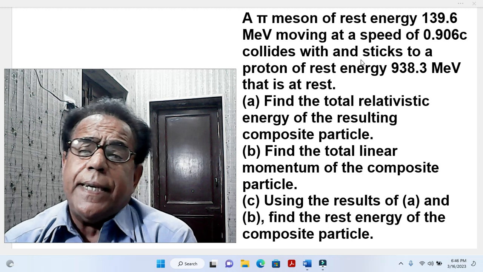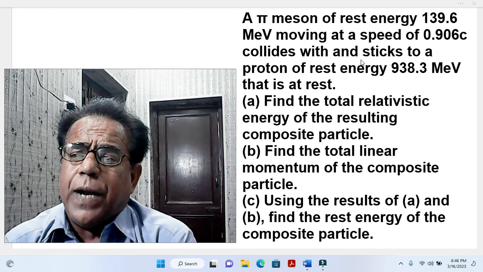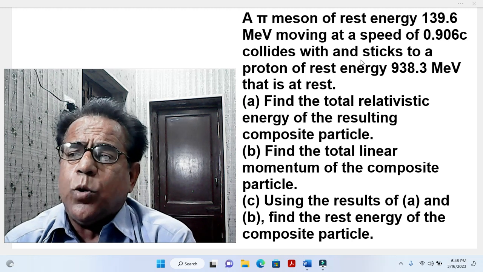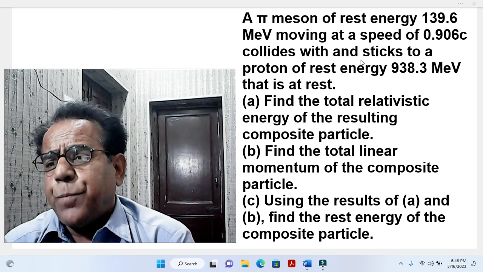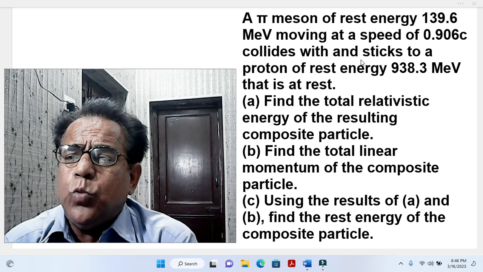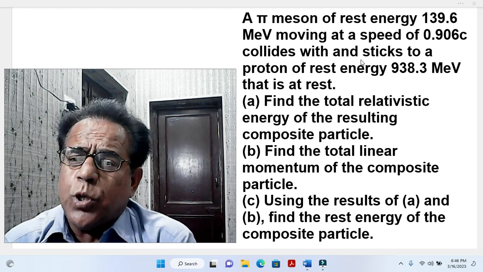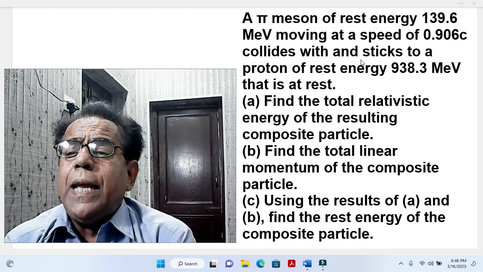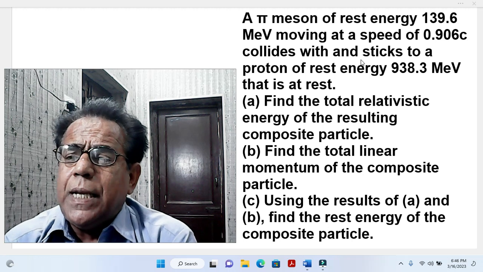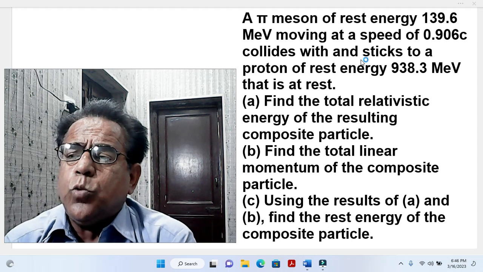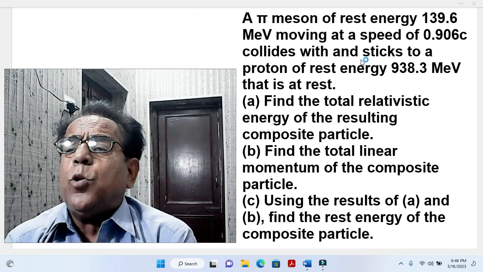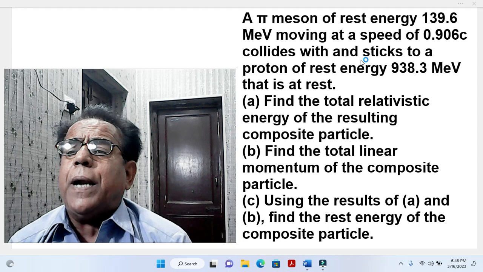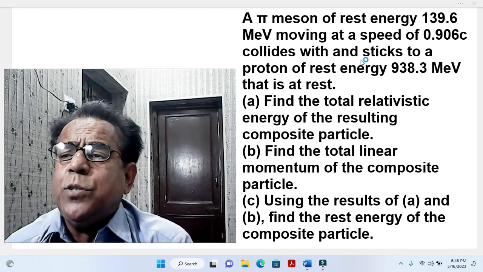Dear students, here in part A, we have to find relativistic energy of Pi-Meson as well as proton. Then we will add these two and we will get the solution of part A. While in part B, total linear momentum is equal to the momentum of Pi-Meson, because proton is at rest, so its momentum is zero.